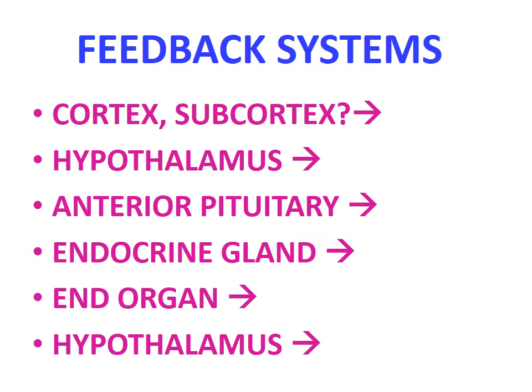The endocrine system works through positive and negative feedback systems. Signals from the cortex and subcortex are transmitted to the hypothalamus, and the hypothalamus then transmits those signals to the anterior pituitary, and then the anterior pituitary releases hormones, and those hormones act on the endocrine organs, and as a result the end organ releases its hormones.